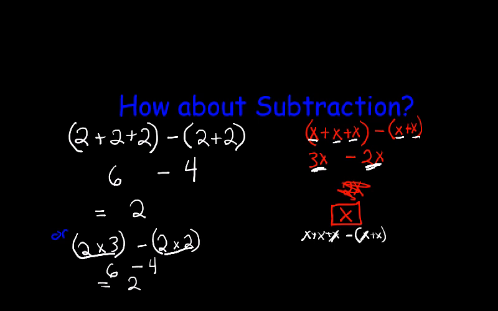So those x's cancel and these x's cancel. So you're left with just a single x. Or you could say 3 minus 2 equals 1. Therefore, you only have one x remaining. So that's a food for thought here.